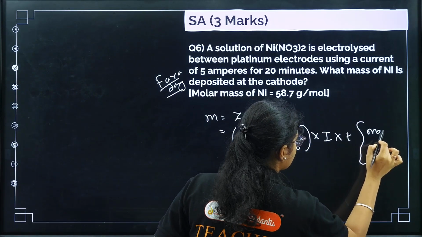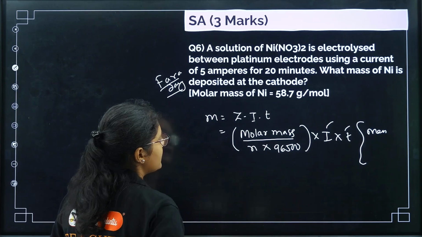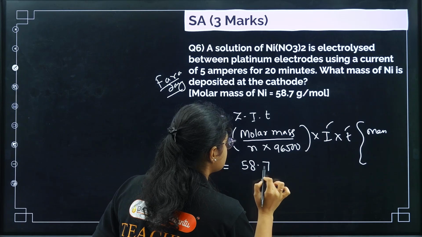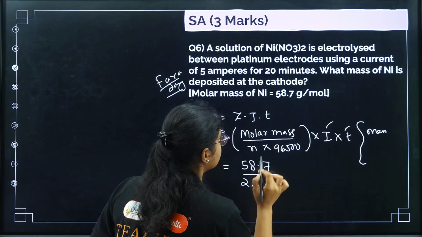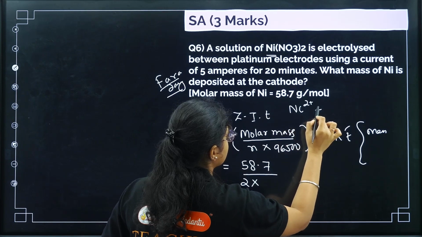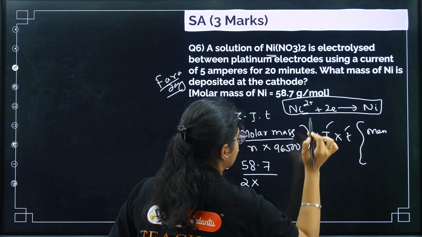Mention the meanings here: I is current, t is time, M is molar mass, n is the number of electrons, m is the mass deposited. Now molar mass is given to you as 58.7. For nickel 2+, n is 2, because Ni2+ plus 2 electrons gives you Ni. This reaction also you need to write.